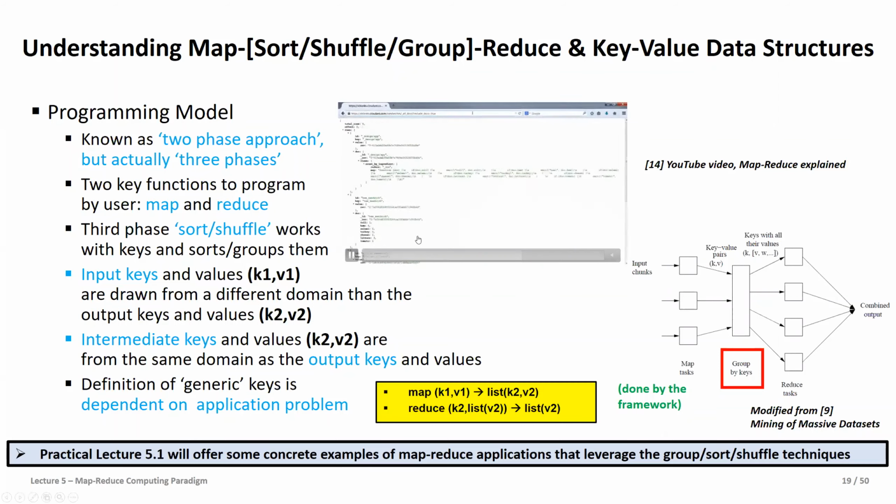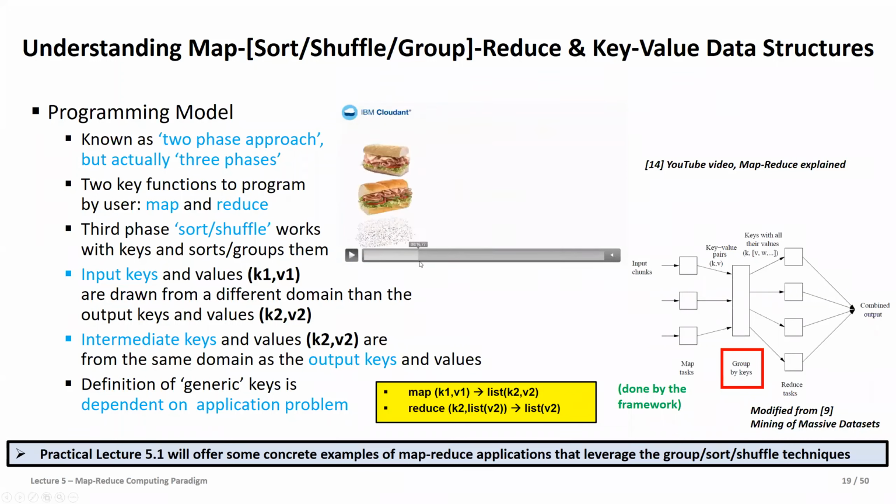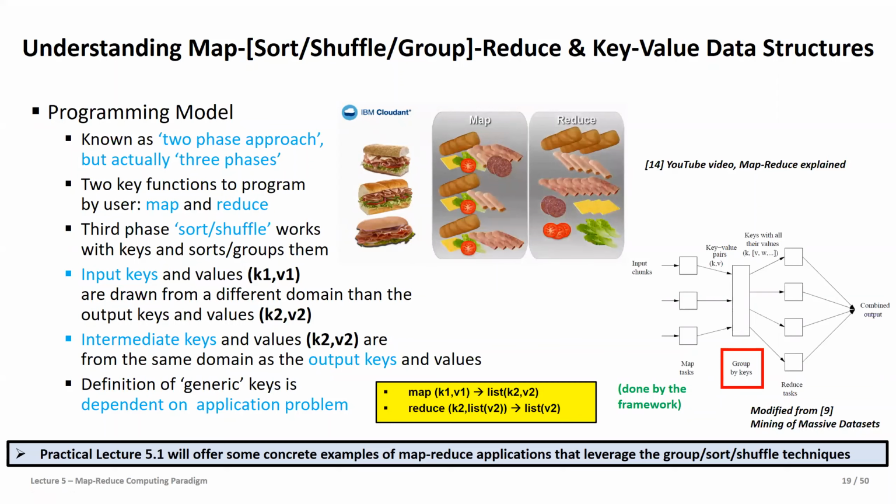I can also play it again from the beginning. You have seen different types of sandwiches, which have different ingredients. You want to carve out the different ingredients, so you map that in this first step, and you have a JSON file. And then in the reduce step, you don't care about each individual sandwich anymore. You think about the bigger picture. You want to combine how many breads I need to buy, how many hams, how many salamis, etc. Of course, this is a really playful example.